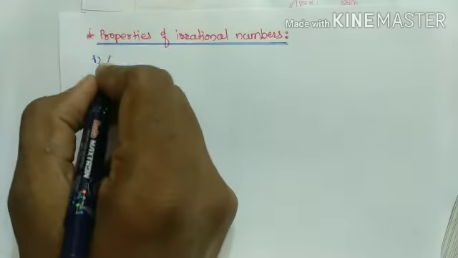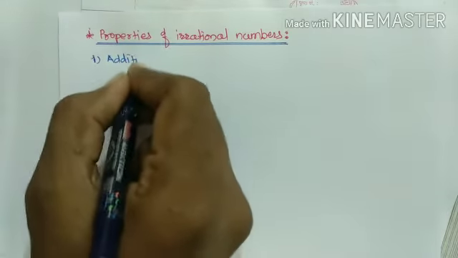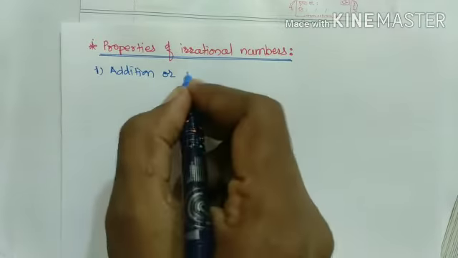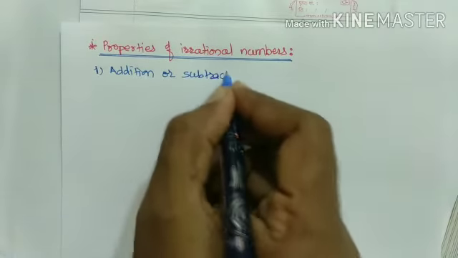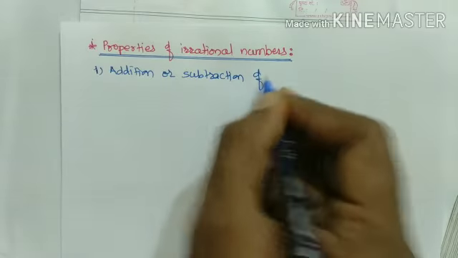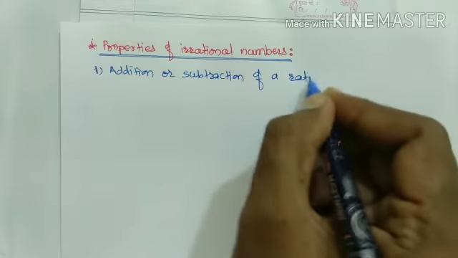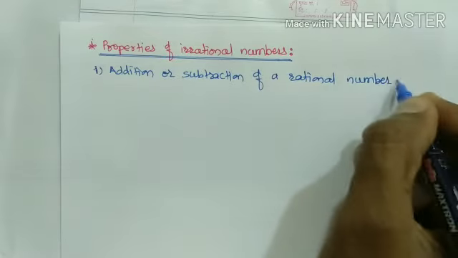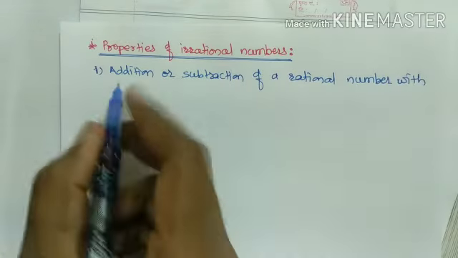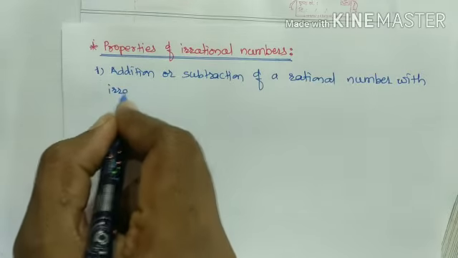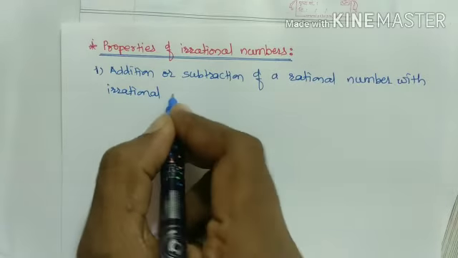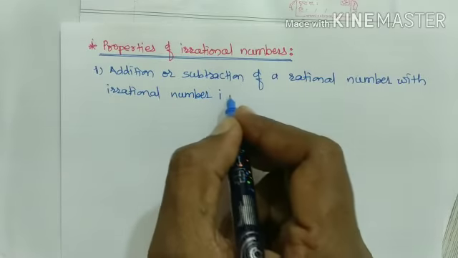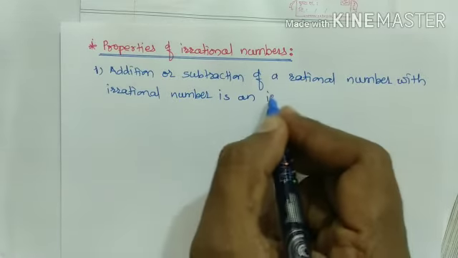So here we write: addition or subtraction of a rational number with an irrational number is an irrational number.